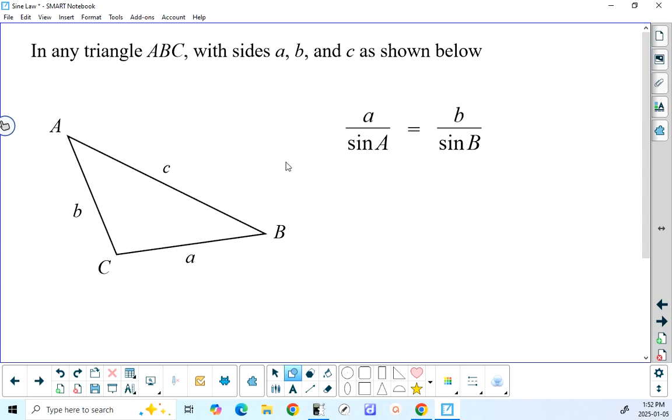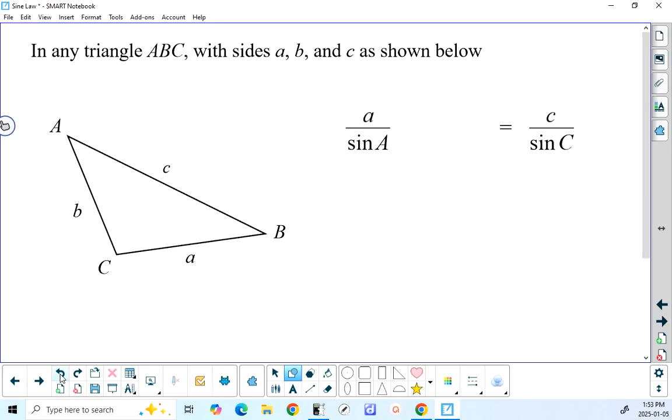So for a particular problem, you might say a over sine A equals b over sine B. For a different problem, depending on what you want to find, you might use b over sine B equals c over sine C. Or you might need to use a over sine A equals c over sine C.